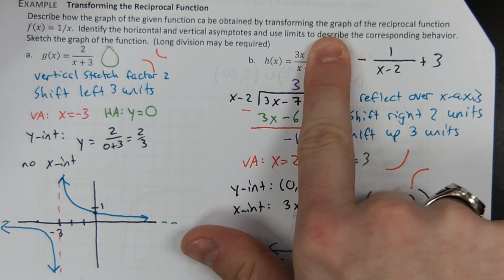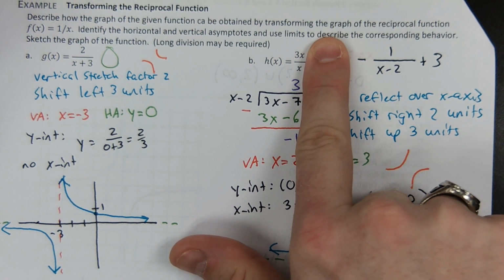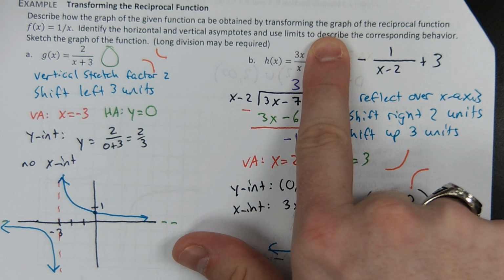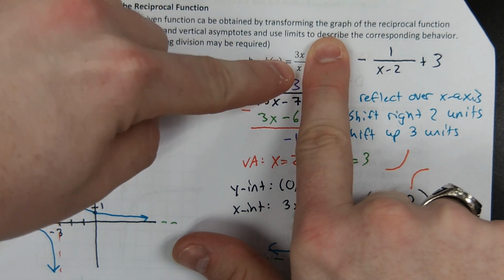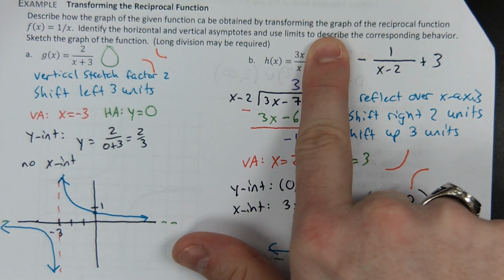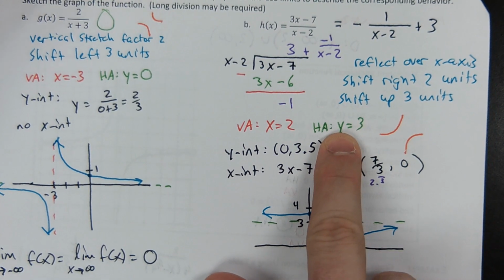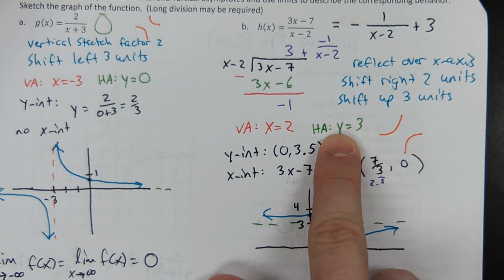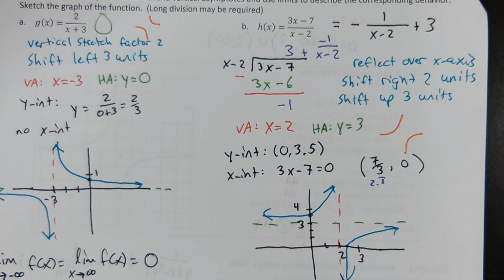So if x is large enough, the -2 and the -7 don't mean anything. And if you reduce this fraction, what do you get? 3. That's why it's leading coefficient divided by leading coefficient when the degrees are equal. So again, you could memorize it or you could understand why it's true.